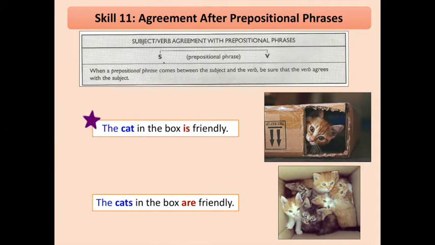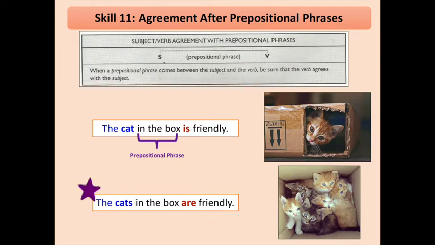The cat in the box is friendly. The prepositional phrase is in the box. The subject is the cat and the verb is. The cat is singular, so our verb is singular.